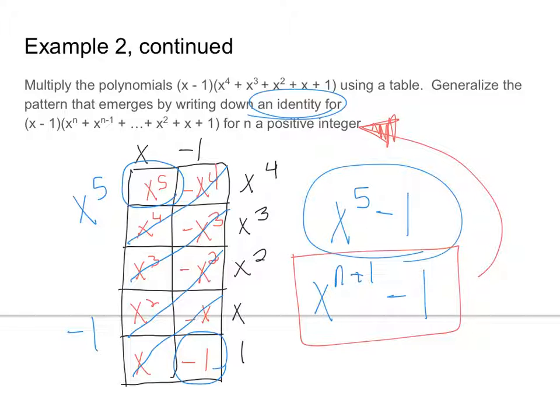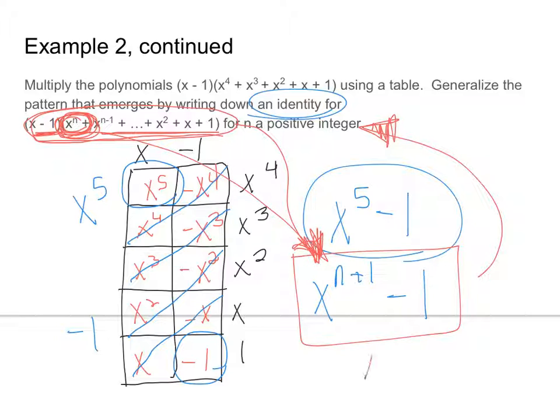So anytime we have something of this pattern, okay, that down there will be our answer. Notice when we're doing x minus 1 times a long polynomial, our leading term gives us our answer. So if this was to the 6th power, our answer would be x to the 7 minus 1, etc.